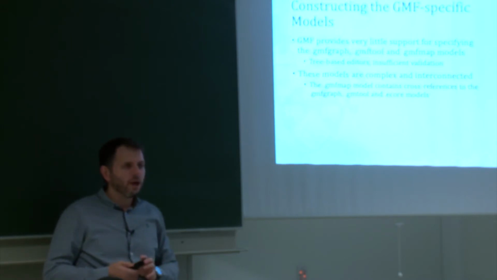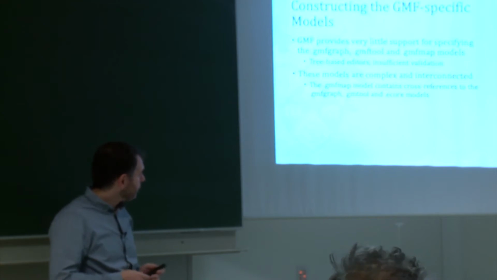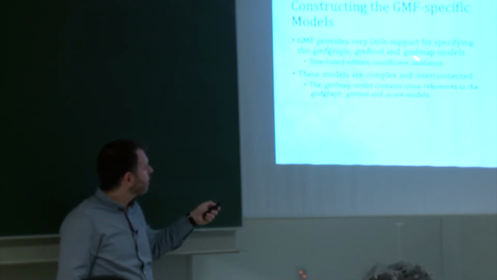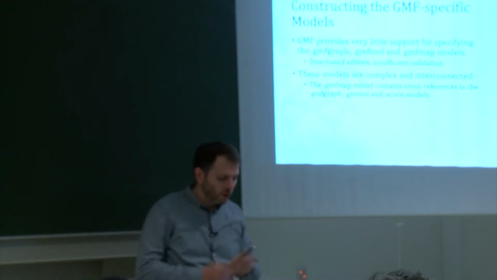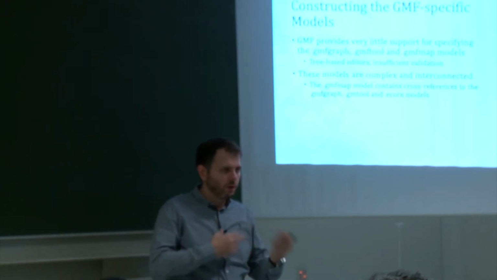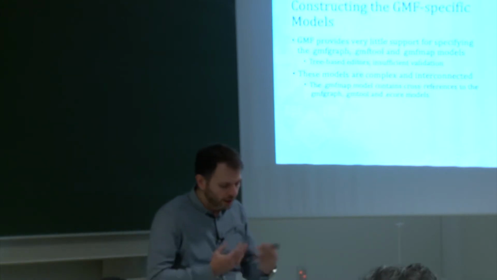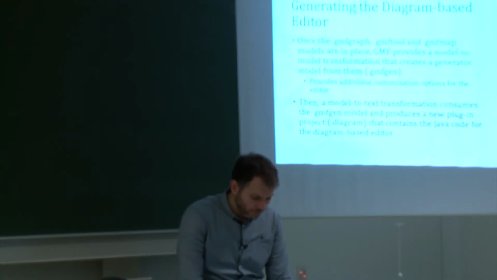It would be very, very hard to have a graphical syntax for this. So you don't get a lot of support when you're actually trying to create these models, and these are quite complex and interconnected, and there are all sorts of things that can go wrong. You can forget to set a property of something, and then it just crashes, or you get a compile time error when you generate.